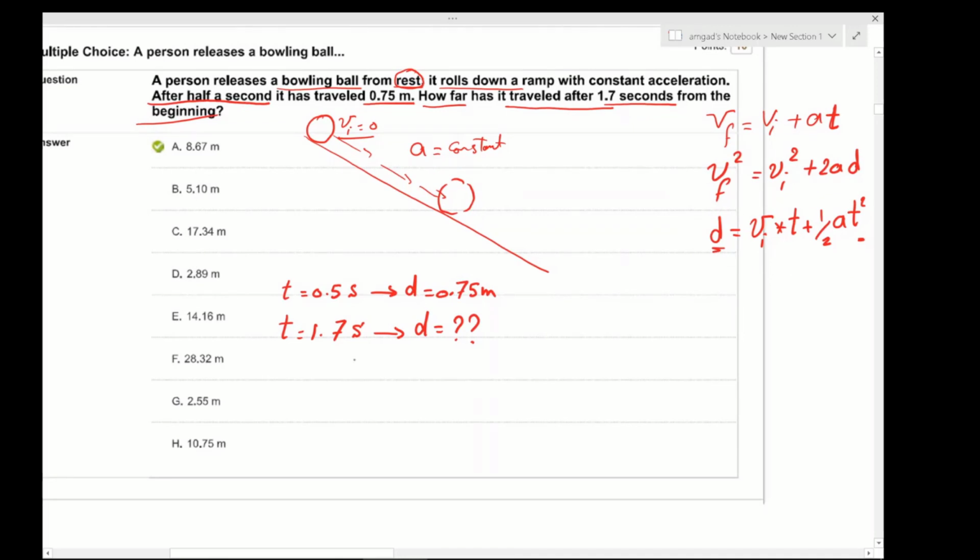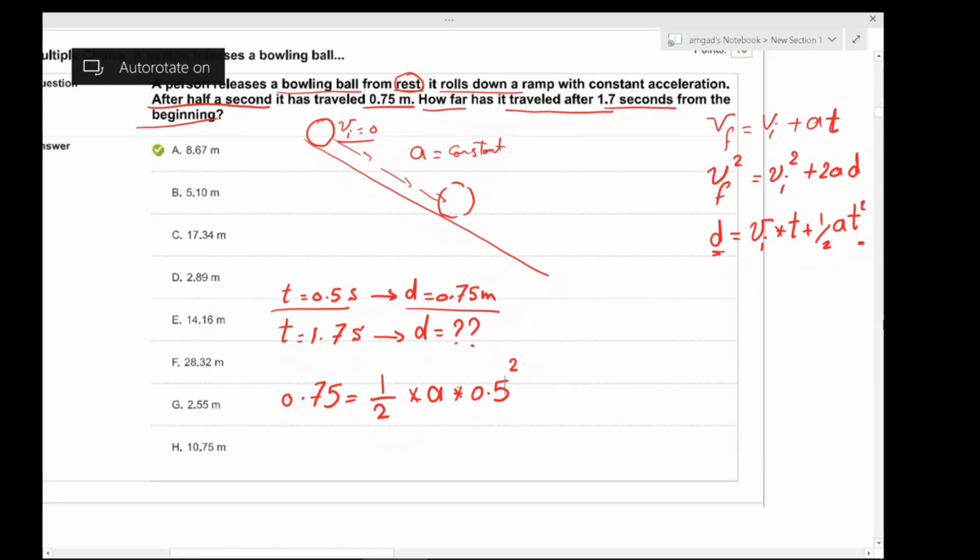In the first case, time is half, distance is 0.75. So the distance, 0.75, equals V initial t, which is 0, I don't need it, plus half times acceleration times t squared. And the time here is 0.5. So this is the first one. Let's do the same with the second time.